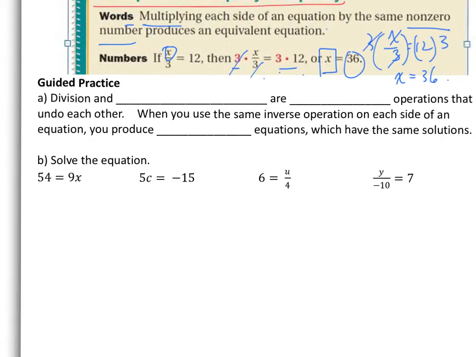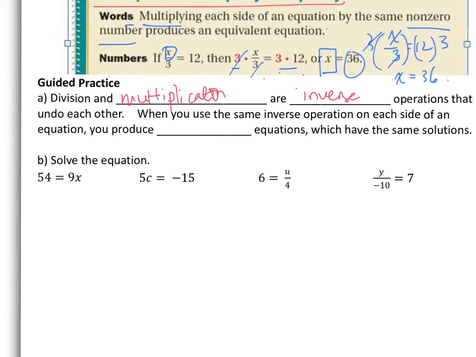Guided practice. I'm going to use part A to review what we're doing here. Division and multiplication are inverse operations that undo each other.